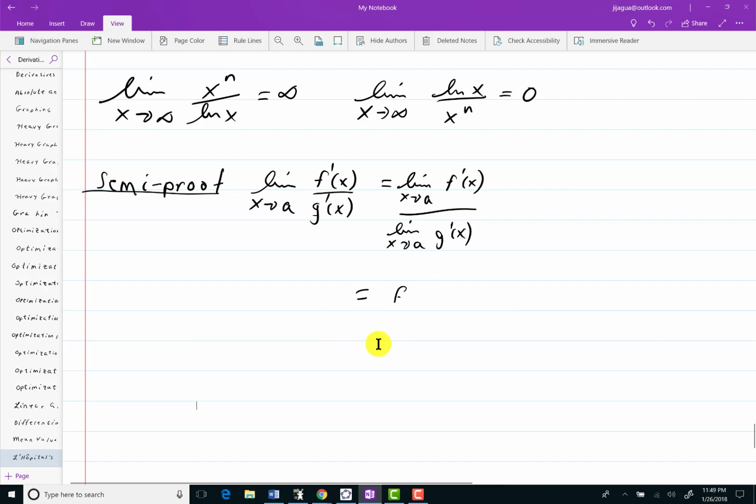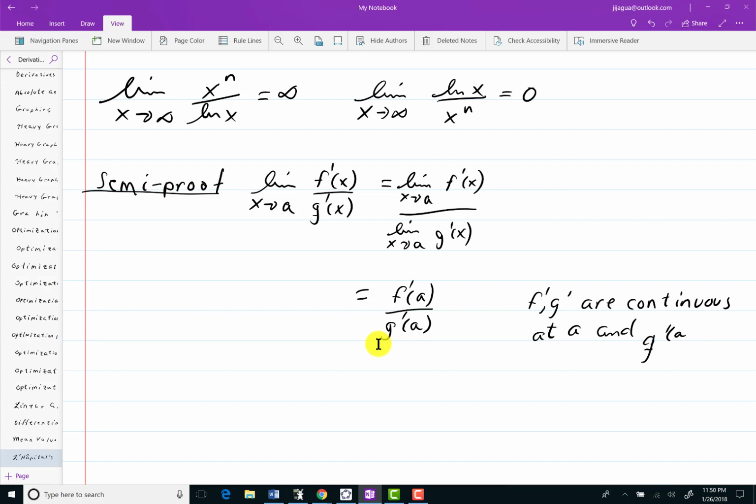That equals f prime of a all over g prime of a. So I'm assuming that f prime and g prime are continuous at a, and g prime of a does not equal 0.